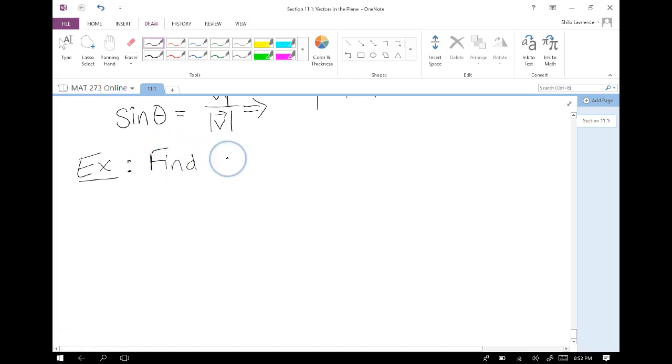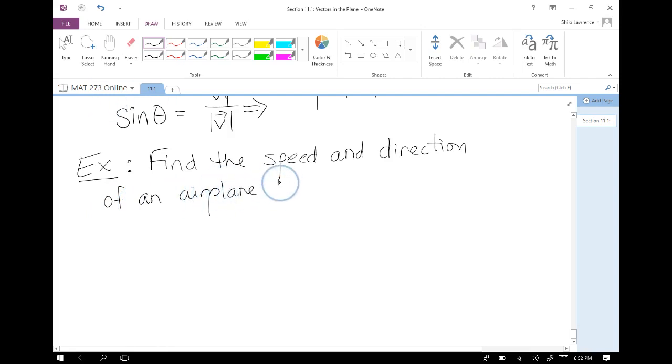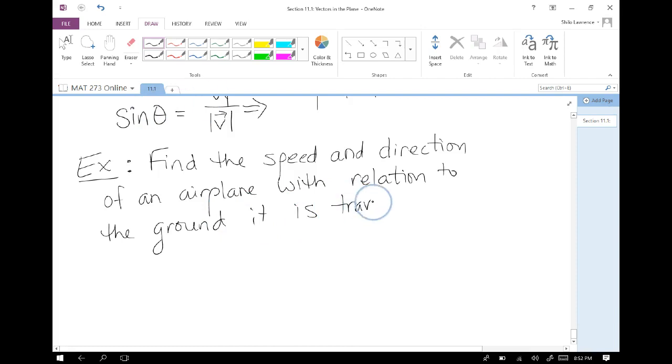We want to find the speed and direction of an airplane with relation to the ground if it is traveling at 450 miles per hour in a northwesterly direction.